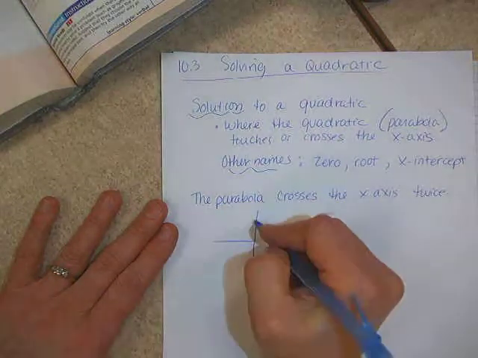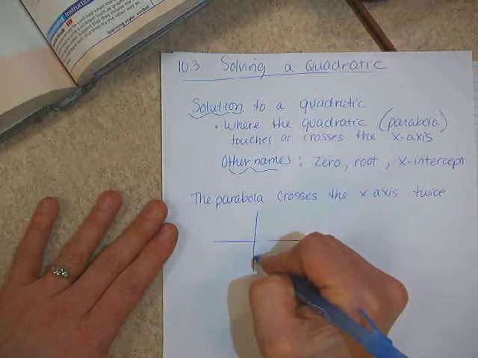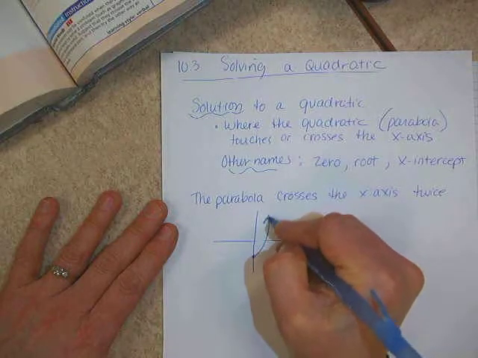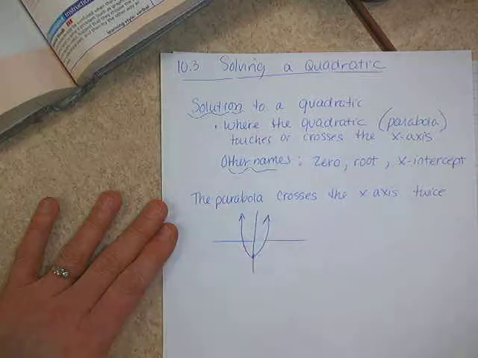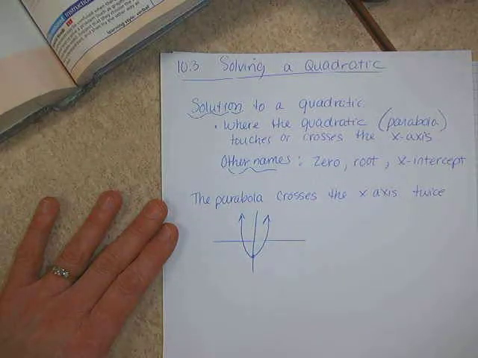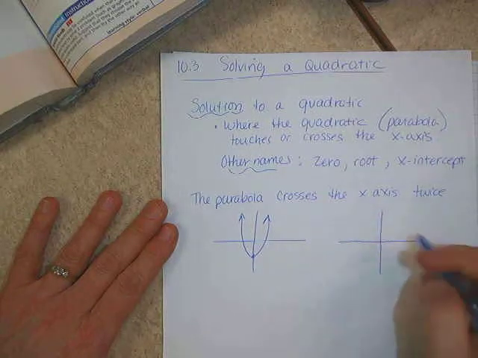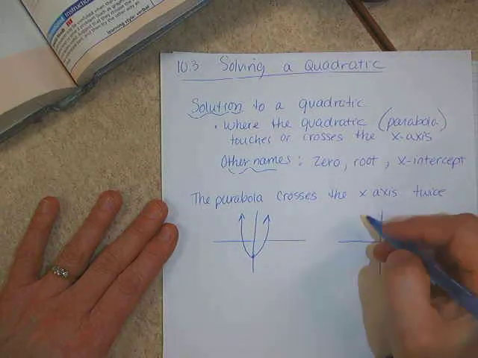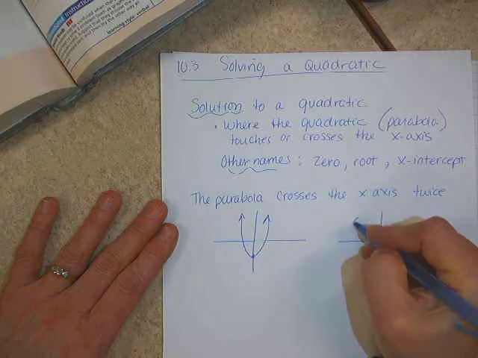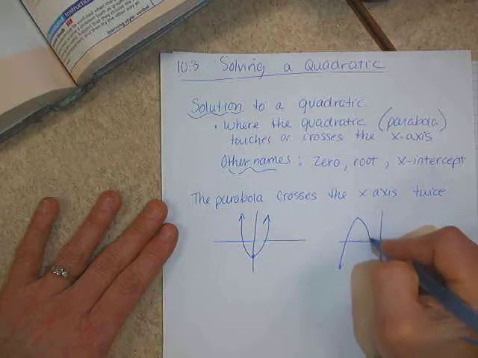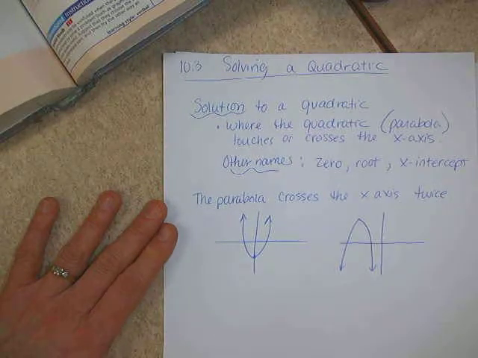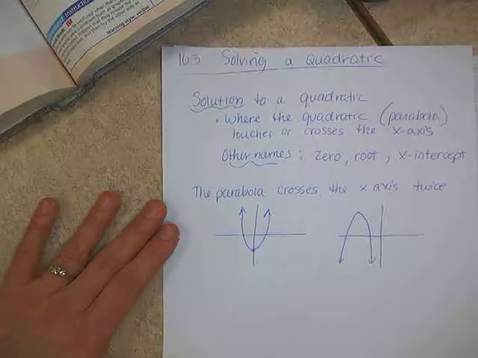So what that could look like is the vertex is below the x-axis and the parabola opens up. And it doesn't have to be centered around the y-axis, but the vertex could be above with the parabola opening down.